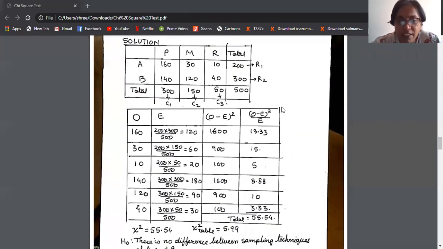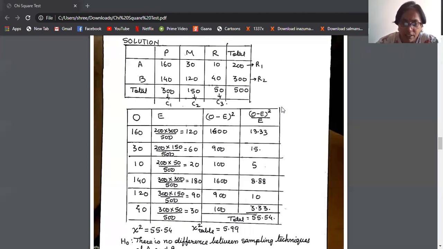That means for 160, first you calculate E. The moment E is there, subtract from O, find the square, divide by 120, and you get 13.33. That means you calculate row wise, so you don't have to type those numbers again and again on your calculator. It still goes faster. Okay.